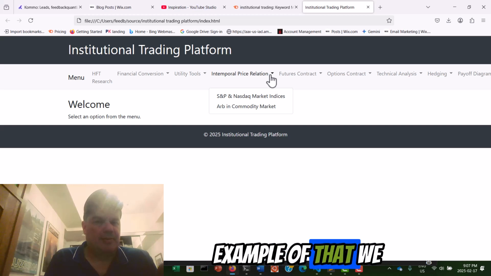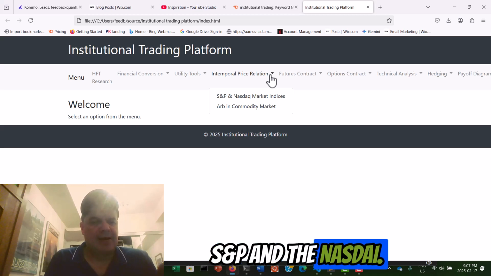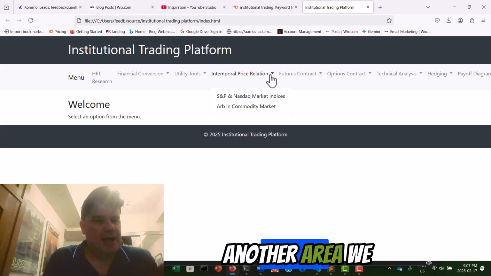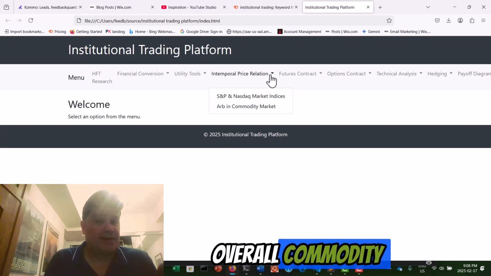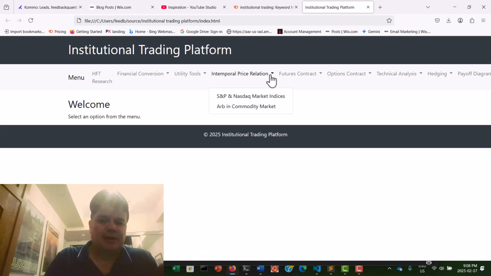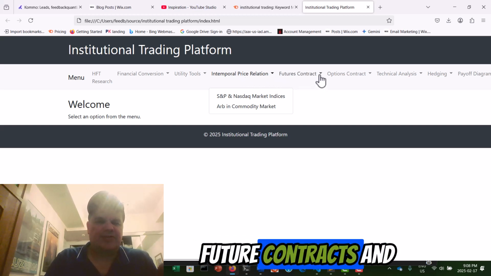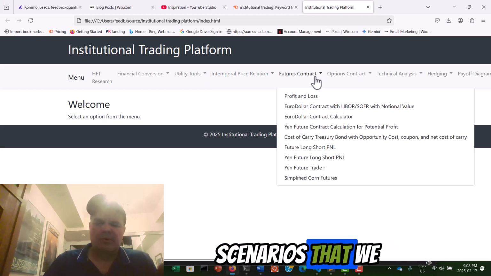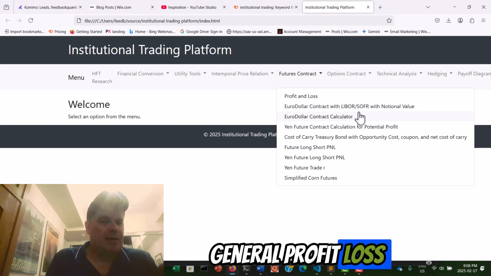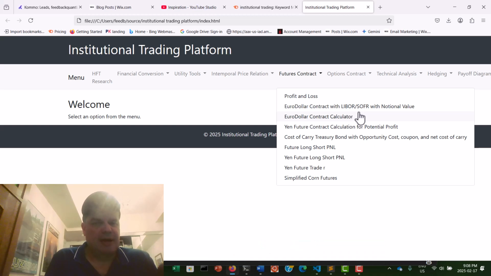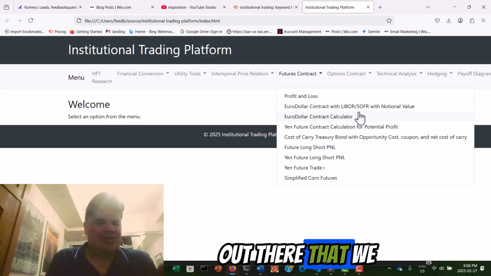For a good example of that, we could look at the market indices like the S&P and the Nasdaq. Another area we could look at is arbitrage within the overall commodity market space. So let's start to look at the futures contracts and the different scenarios that we have. We can look at general profit and loss on as many futures contracts that are out there that we could trade.